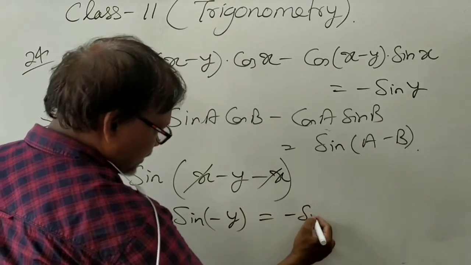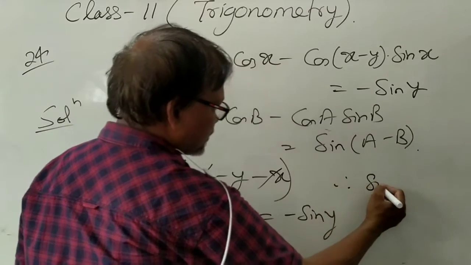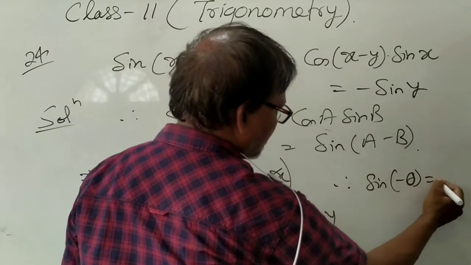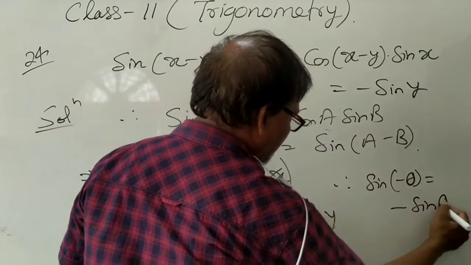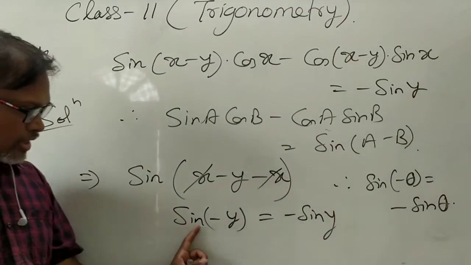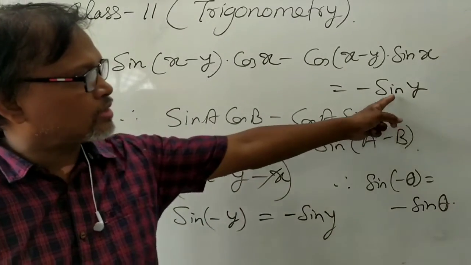It will be minus sin y. Why? Because sin of minus theta is equal to minus sin theta. This is the formula. So sin of minus y is equal to minus sin y, which is equal to the right hand side.